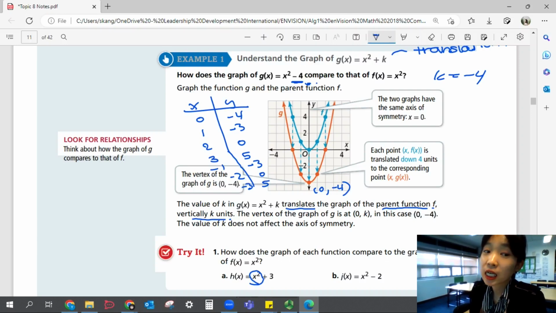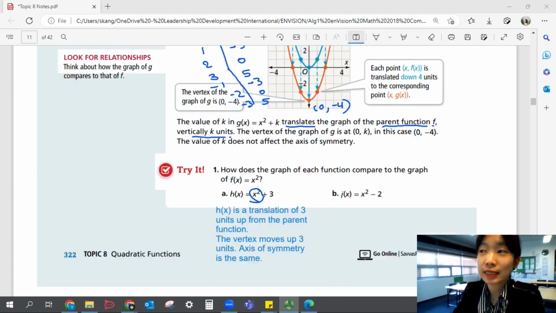Whatever answer you get for a specific x, you just add 3. So all your points are going to move 3 units up. So that's your translation. We can say h of x is a translation of 3 units up from the parent function. The vertex moves up 3 units, and the axis of symmetry is the same.